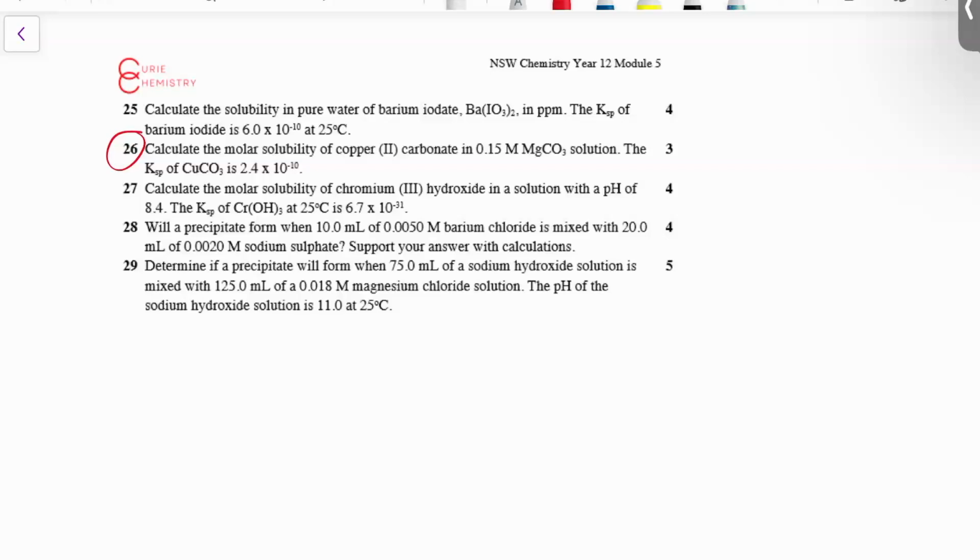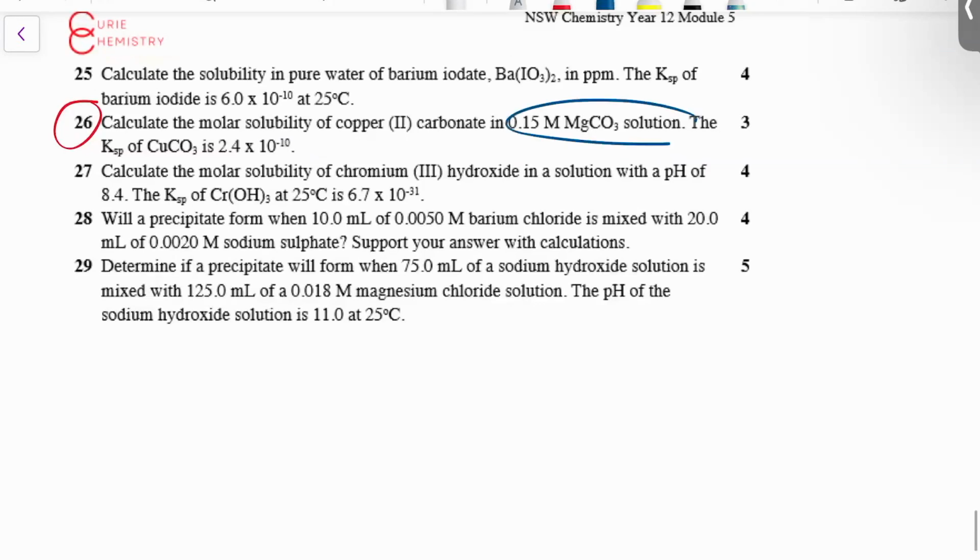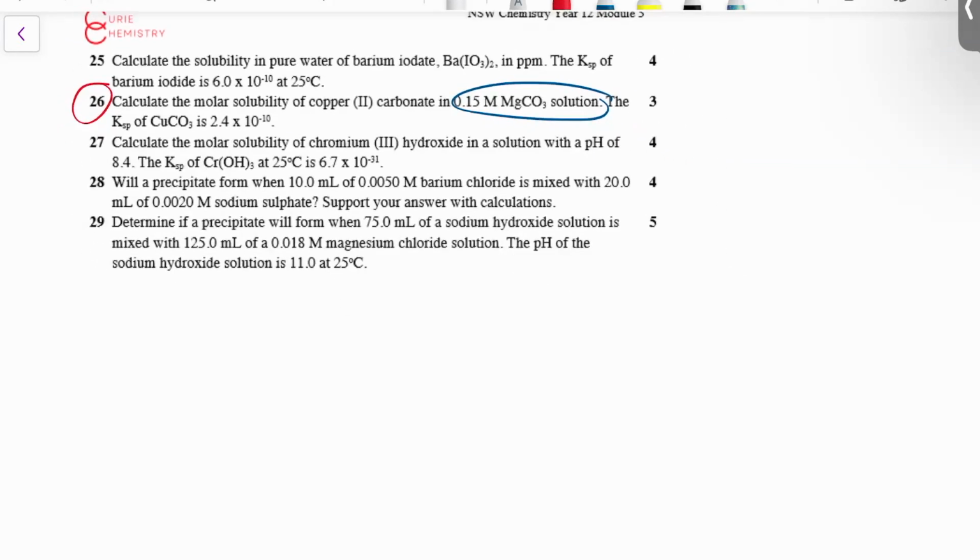26. Calculate the molar solubility of copper 2 carbonate in 0.15 molar magnesium carbonate solution. The Ksp of copper carbonate is 2.4 times 10 to the minus 10. They've told you what solution you're dissolving it in. The steps are the same. You just adjust one of your numbers in your ICE table. So step number 1 is to write a Ksp equation, the chemical equation for the compound that you're dissolving.